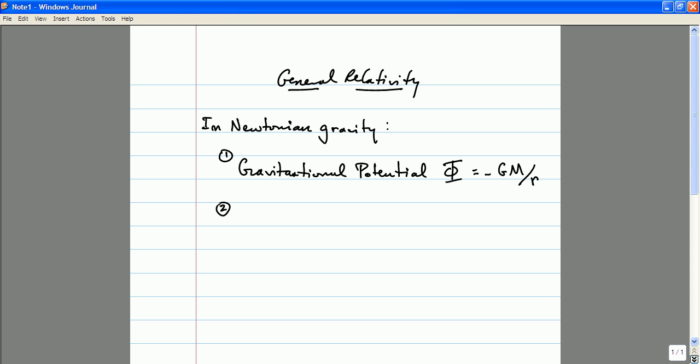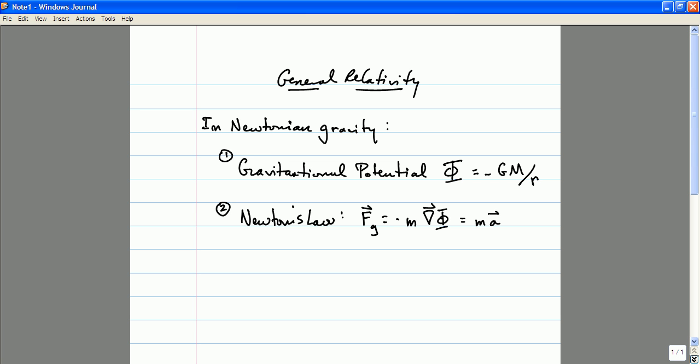And the second component of Newton's theory of gravity is an equation which tells you how objects move in the presence of some gravitational potential. And in particular, the equation is Newton's law, which says that the force on an object due to gravity is minus the mass of that object times the gradient of the gravitational potential, which is then equal to the mass times the acceleration of the object.